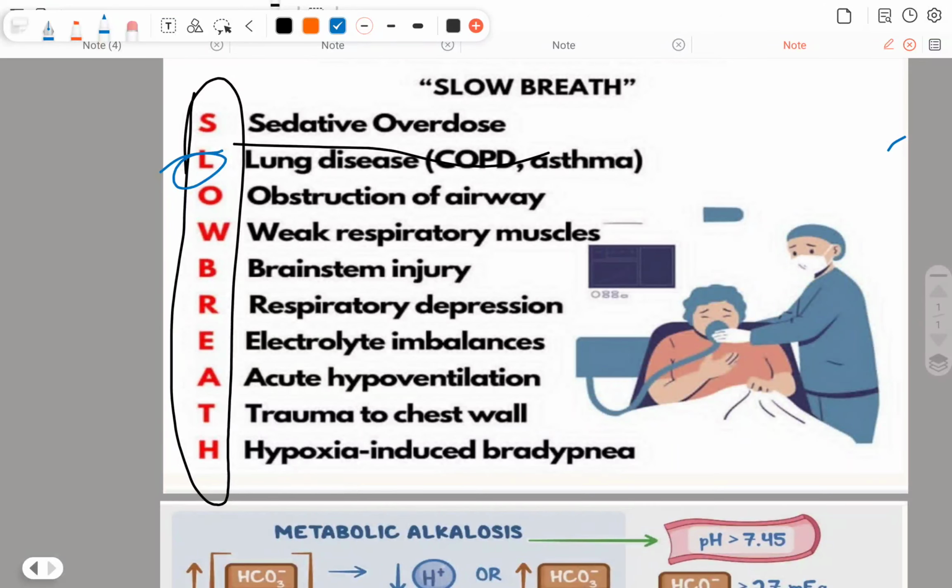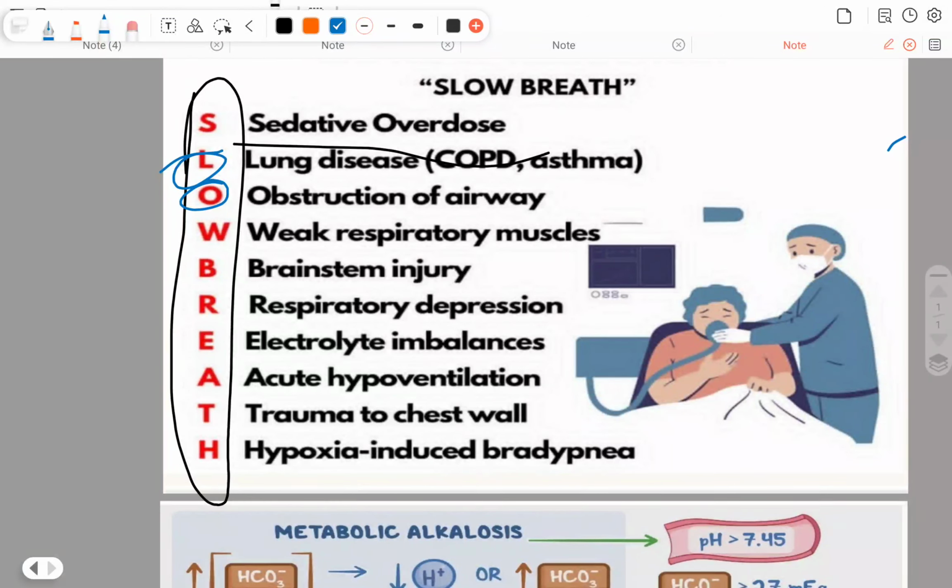This may cause acidosis. The next one is obstruction of the airways. Obstruction of the airways may be caused by some kind of foreign substances and this kind of thing, and the result is the same as I mentioned above. The amount of hydrogen ions and carbon dioxide will increase in our bloodstream.